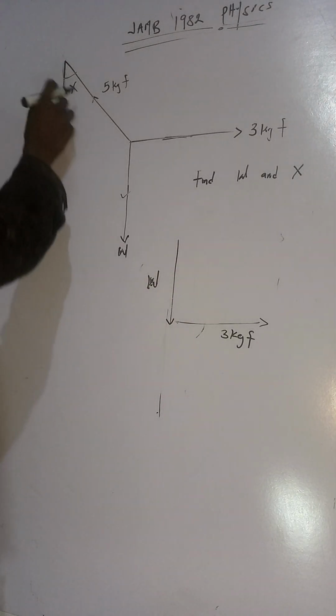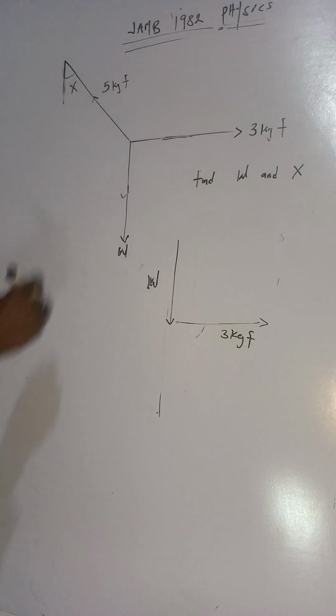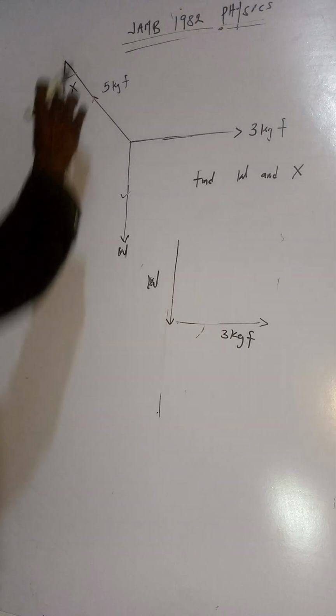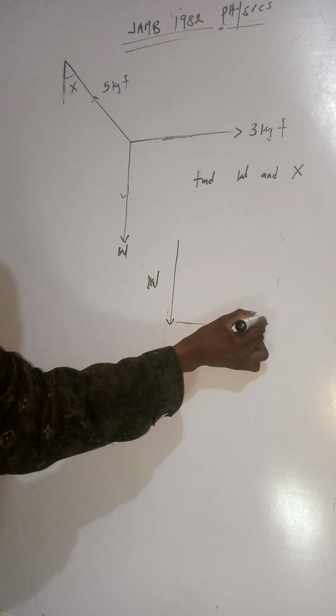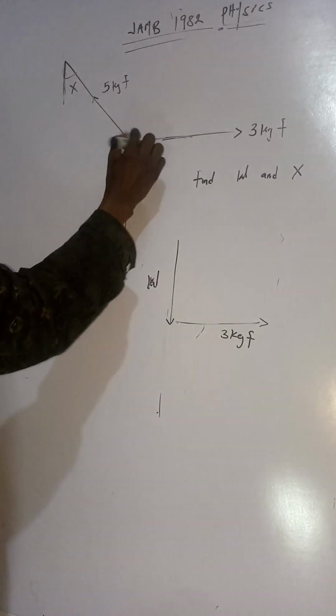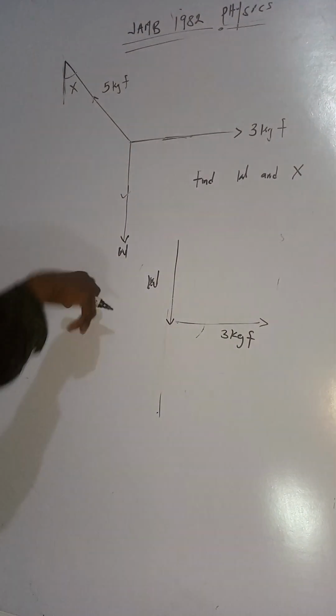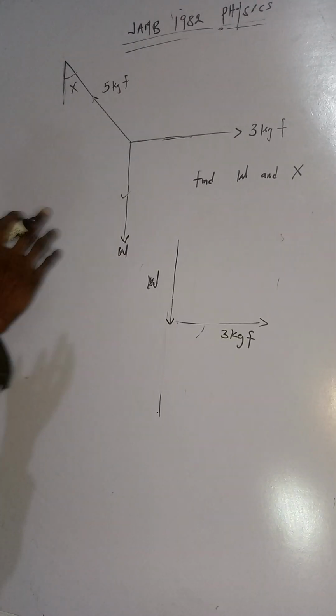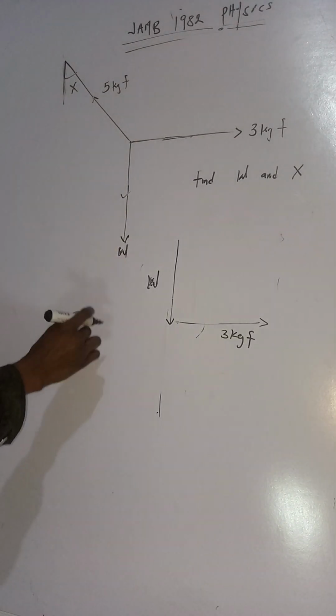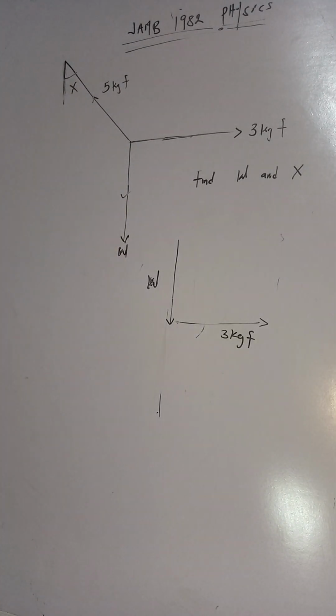Now we have the next one, which is this 5 Newton here. If I bring it here, just bring it the way it is. You see the way this one is now is due east. You bring it like that. This one is due south. You bring it like that. Then you have to bring this one in this direction, which is the northwest direction.